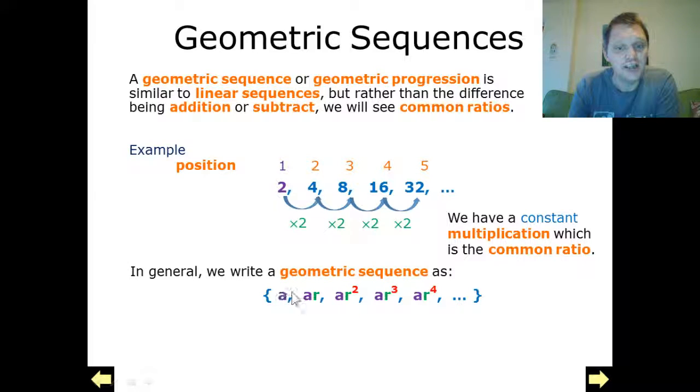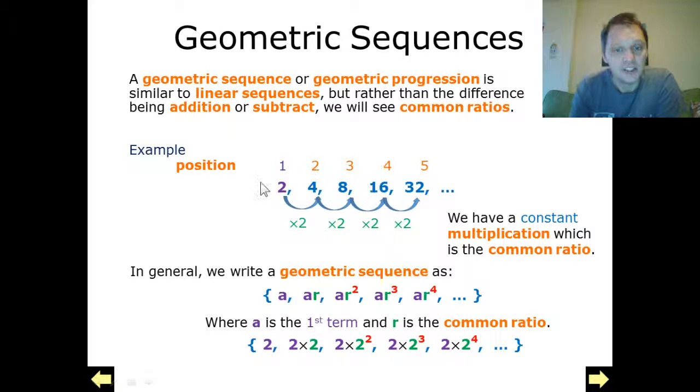So in general, we could write a geometric sequence as A, AR squared, AR to the power of 3, and so forth. If we was to look at this sequence, A is our first term, which is number 2, and then R is our multiplication.